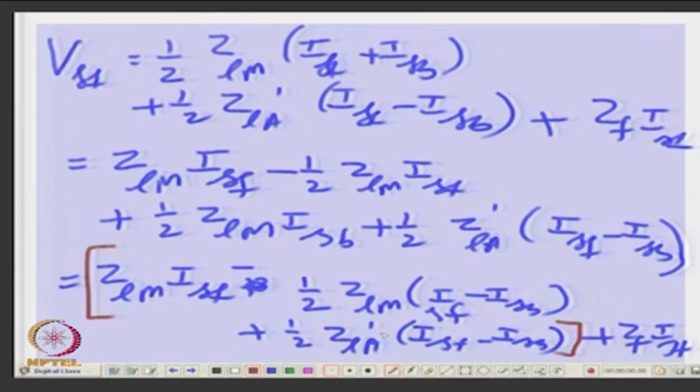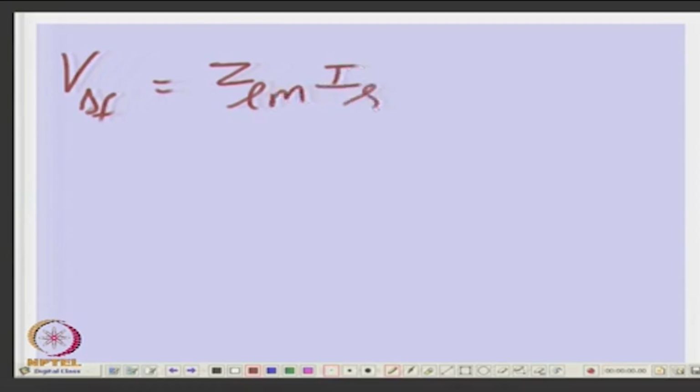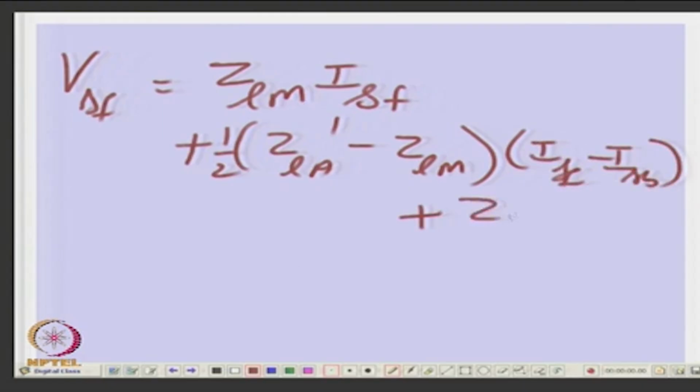This will be, you have VSF will have ZLM ISF plus half of ZLA dash minus ZLM into ISF minus ISB plus ZFIF, isn't it?